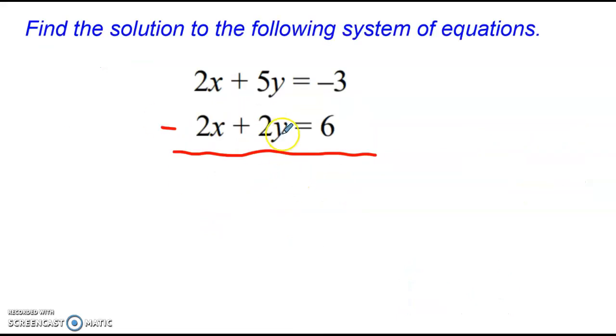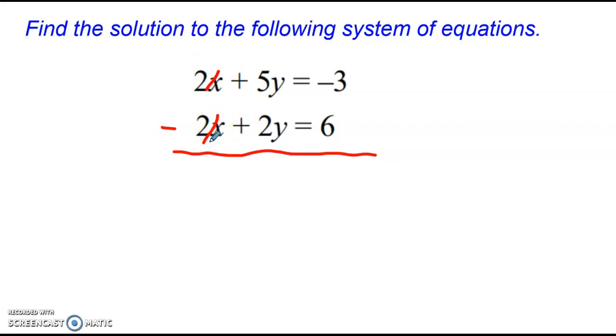So now look at this here. What can I do here to cancel out one of the variables? Well, 5y and 2y, whether I add them or subtract them, that's not going to cancel anything out. I don't want to add 2x and 2x because that's just going to give me 4x. But if I subtract these two equations, if I combine them using subtraction, now this is going to cancel out.